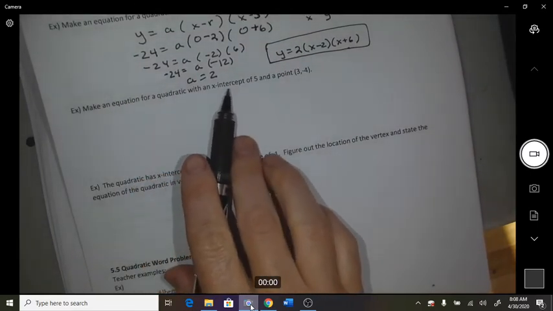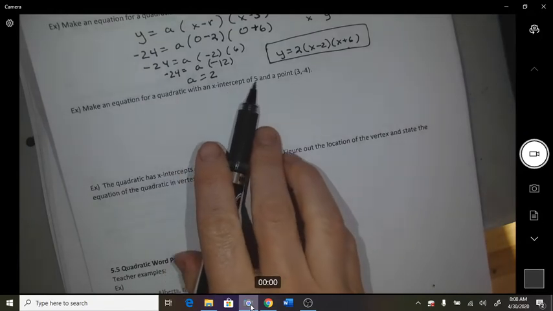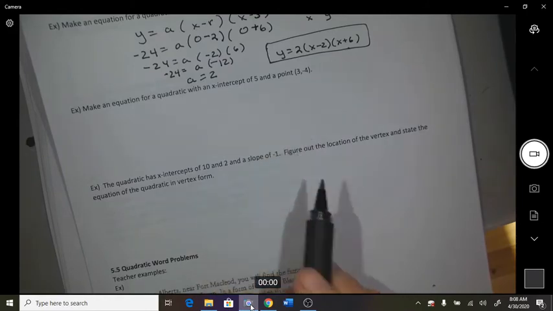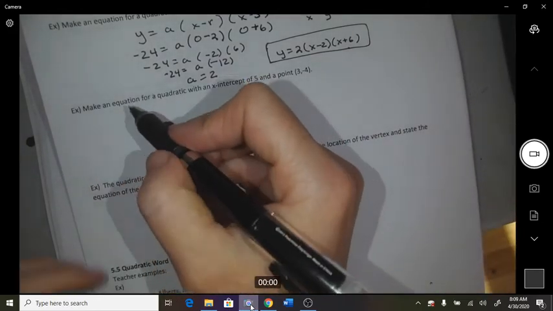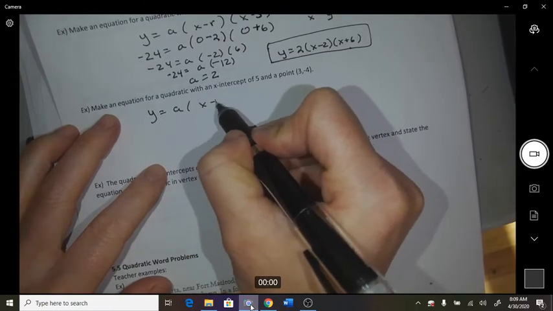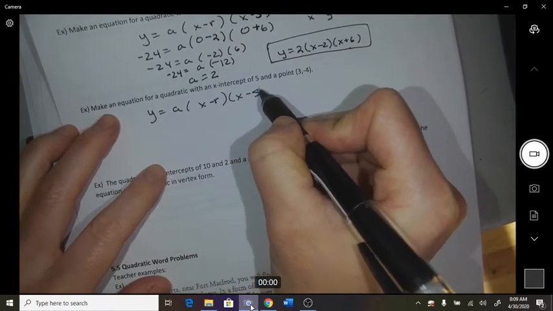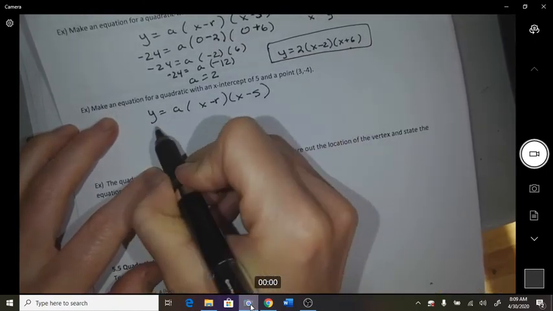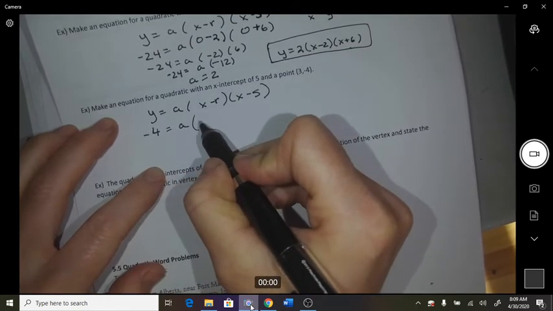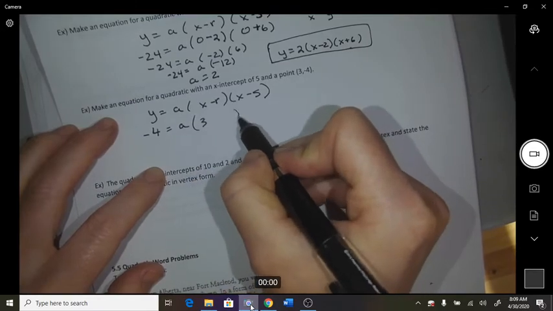Make an equation for a quadratic with an x-intercept of 5 and a point 3, negative 4. So x-intercept, so I'm going to use factored form. Negative 4 goes there, 3.